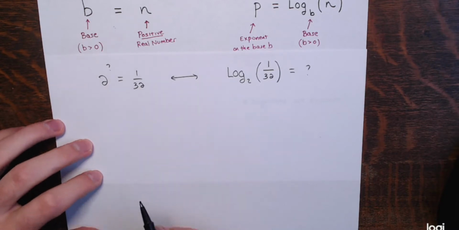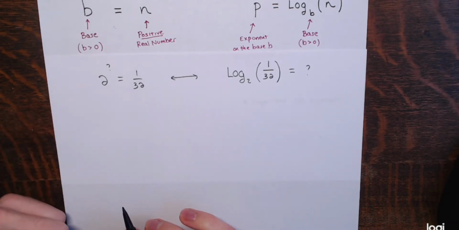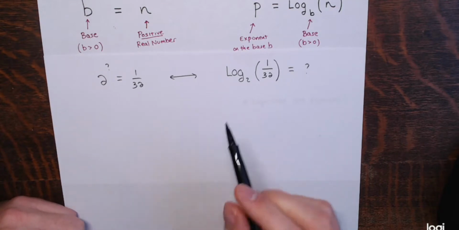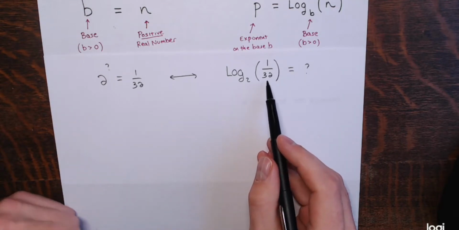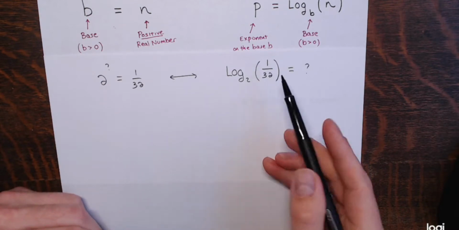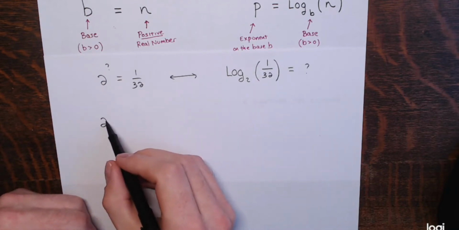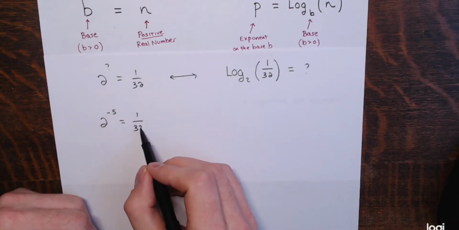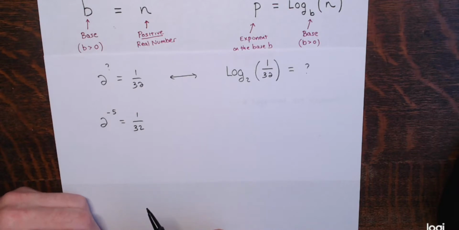Now I'm hoping that you remember your negative powers. If you know the positive powers, you know the negative powers. Remember, negative powers are just the reciprocals of the positive powers. Alright, you may remember that 2 to the 5th power is 32. So 2 to the negative 5 power is 1/32. 1 over 2 to the 5, the reciprocal of 2 to the positive 5.